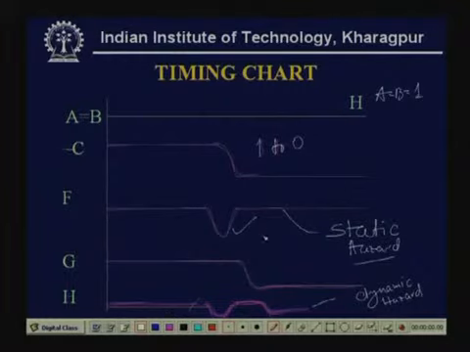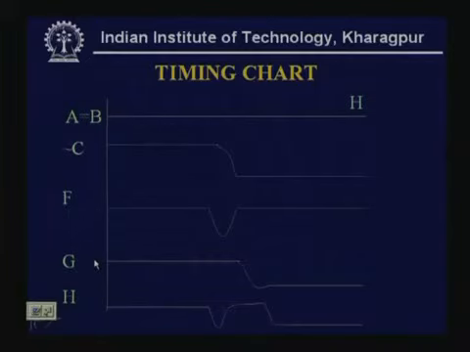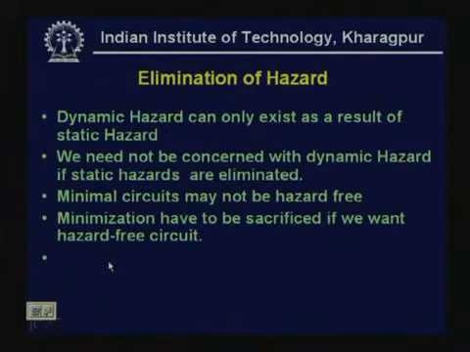So mainly, as the static hazards exist in the circuit, we get some more added hazards with the static hazards, and this we are defining as the dynamic hazards. So dynamic hazards can only exist as a result of static hazards, and we need not be concerned with dynamic hazard if static hazards are eliminated.